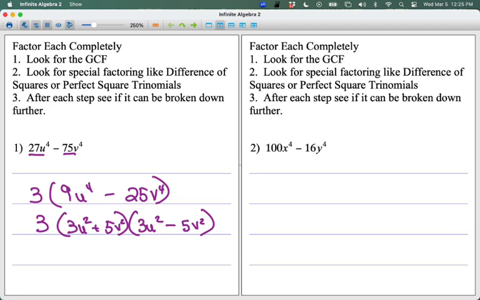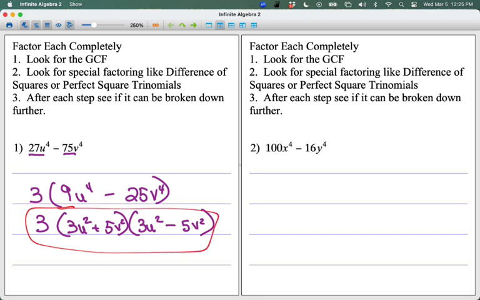Can this be broken down? Now that's the one that might be able to be broken down. You need to look. Is that a difference of squares? Because you know before you've been studying this that sums do not factor, but differences might. And this is not a perfect square, so we're done.